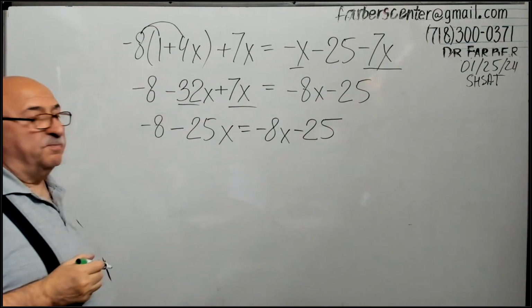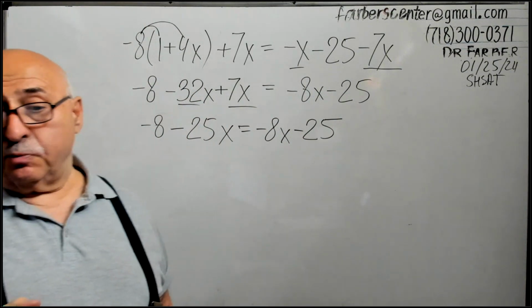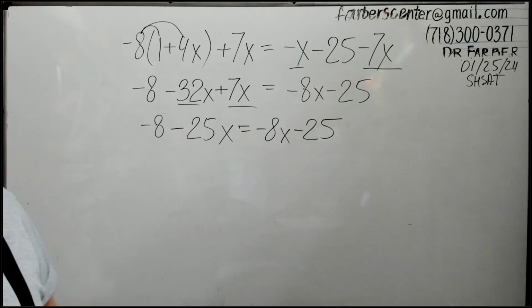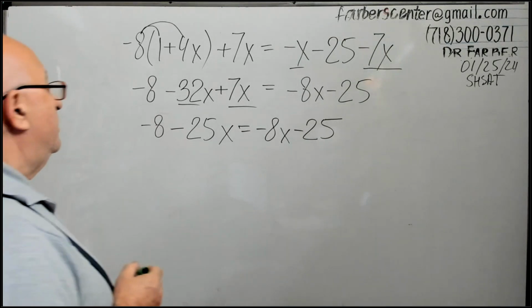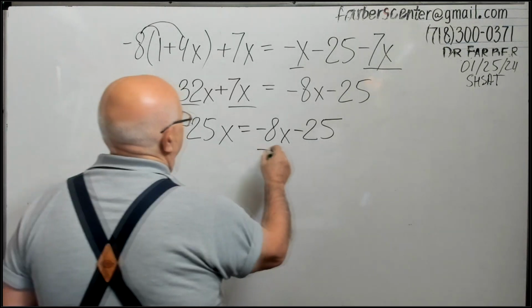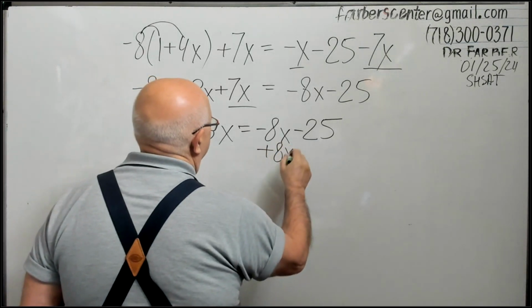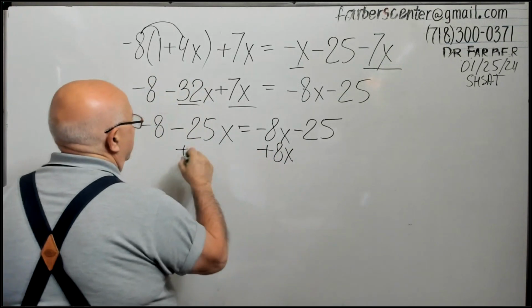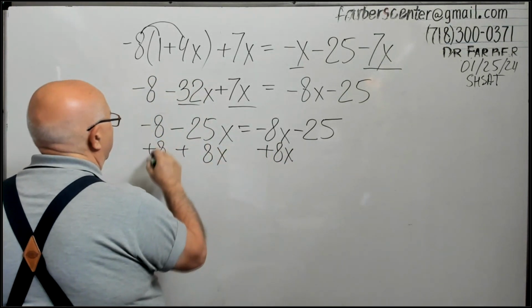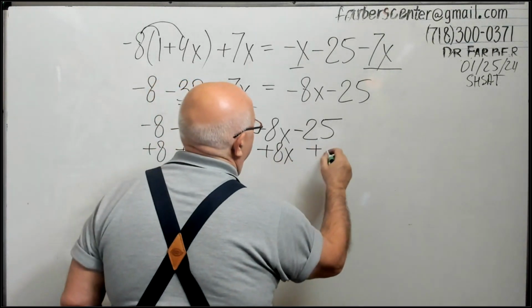So far, so good? We understand up to this point, 100%. Good. Mia? Emma? Ariel? Okay, now, plus 8x and plus 8x, plus 8 and plus 8.